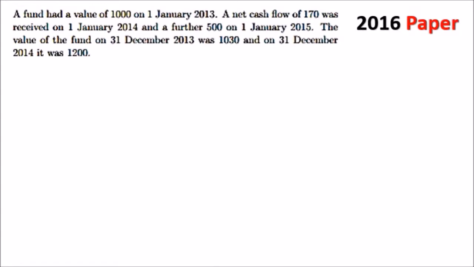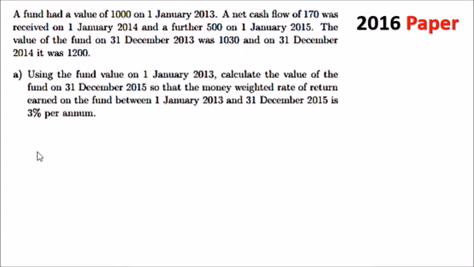The value of the fund on the 31st December 2013 was this amount, and on the 31st December the following year was 1,200. One thing to note, we are not really concerned with the second sentence. Why? Because we're only interested in the initial fund and the net cash flows to calculate the final fund. Now, using the fund value on the 1st of January, calculate the value of the fund on the 31st of December.